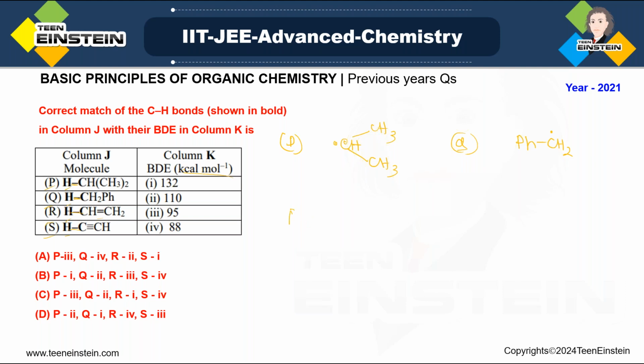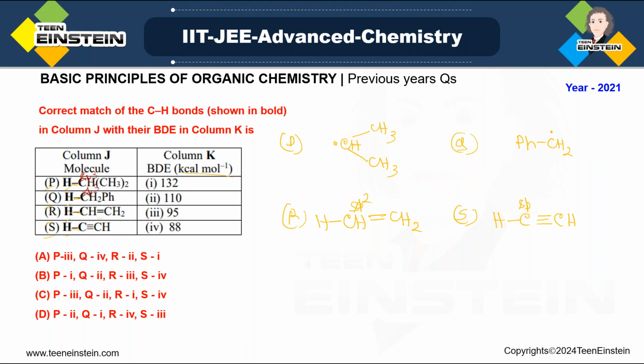That means in case of R, this carbon is sp2 hybridized. And in the last case, the carbon hydrogen bond that you are going to break, that carbon is sp hybridized, right? And for the first two cases, both are sp3.